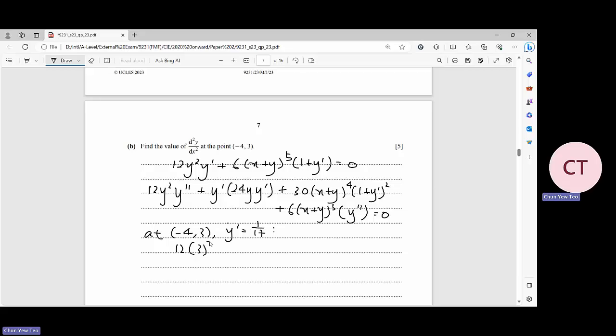You get 3 squared y double prime plus 24 of y and y prime squared, plus 30 of negative 4 plus 3 to the power 4 of 1 plus 1 over 17, squared, plus 6 of negative 4 plus 3 to the power 3. Now, not power 3, power 5. Okay, so need to write carefully and clearly.